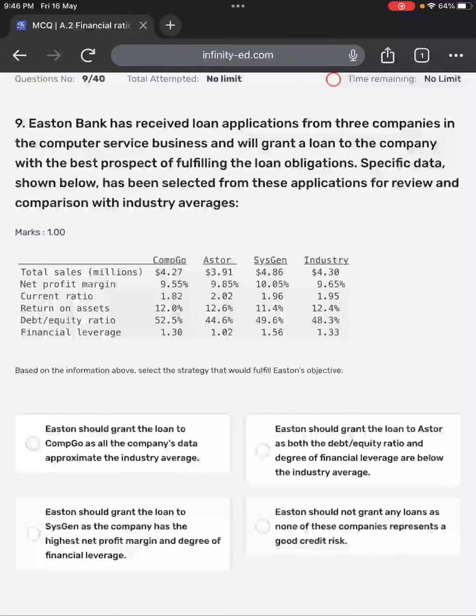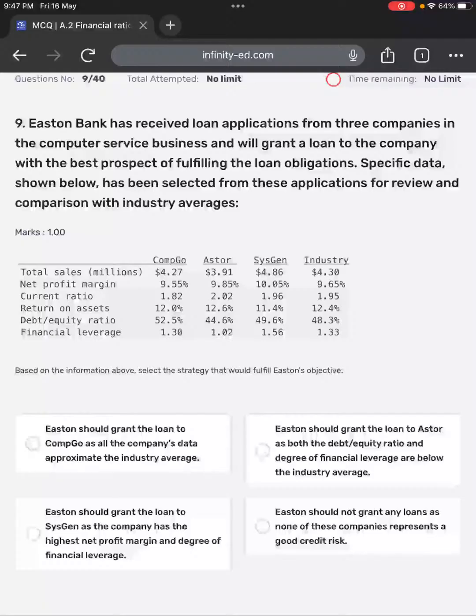Financial leverage: 1.02, Astro has the lowest. Stone should grant the loan to the company whose data approximate the industry average. Industry average is 1.33, 4.39, 1.495.